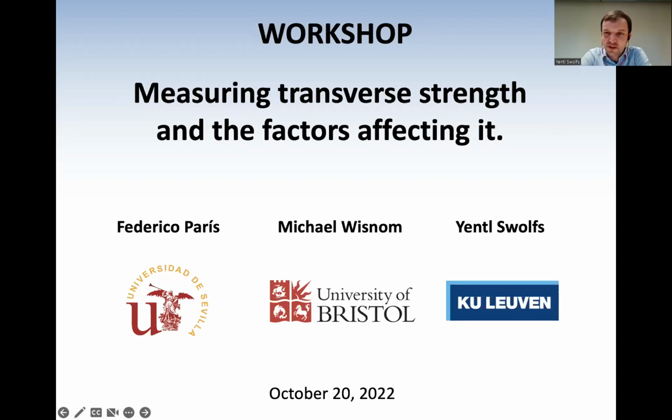It's really nice to see we have almost 90 participants, despite the topic getting more and more advanced or more and more specific. I will say a few more words about the round robin. This is linked to the longitudinal tensile strength workshop 2.